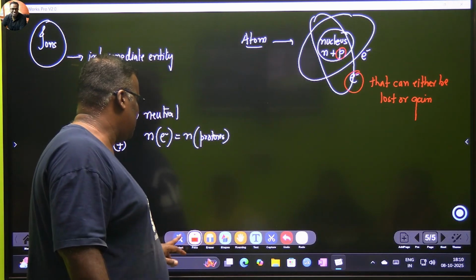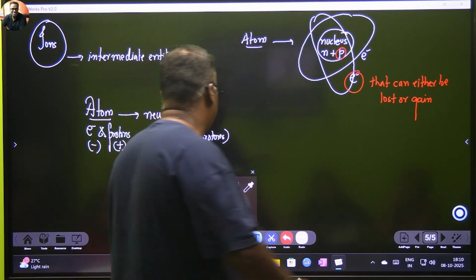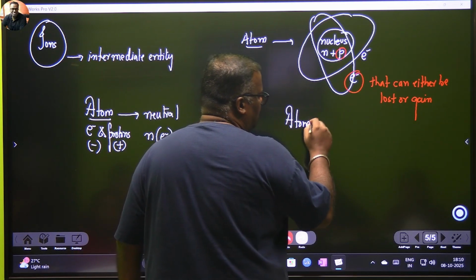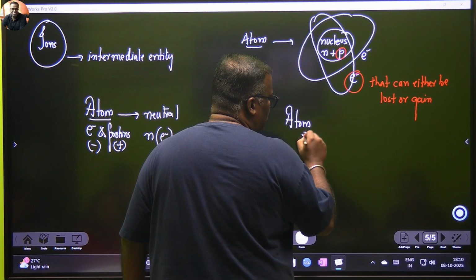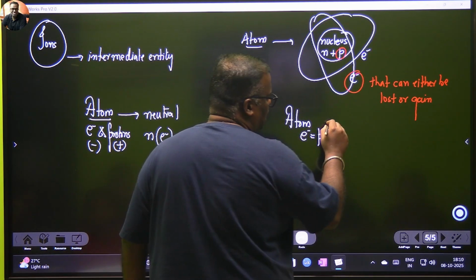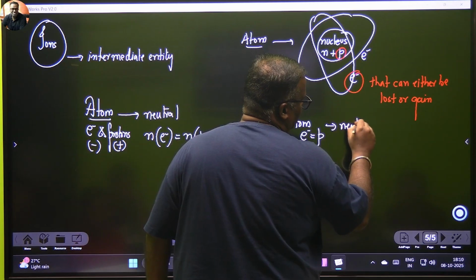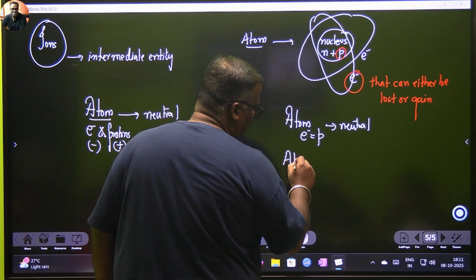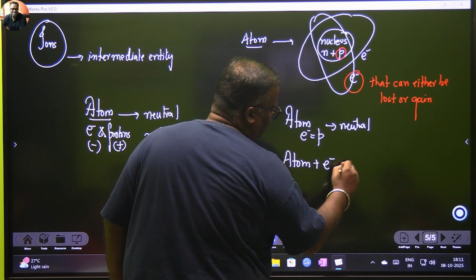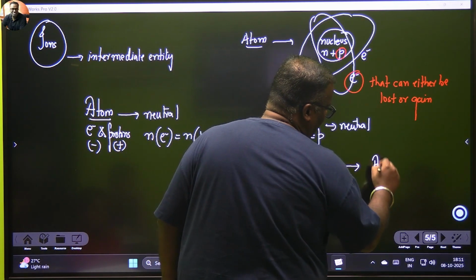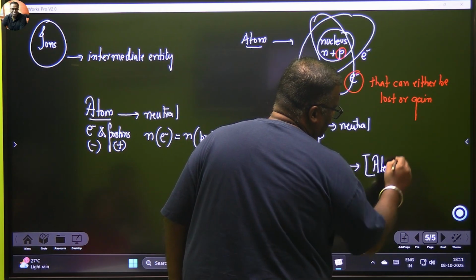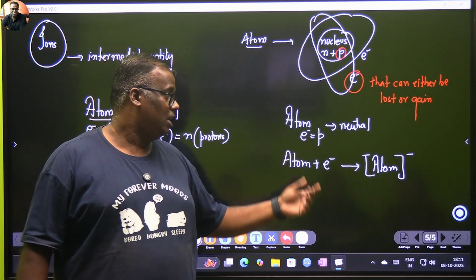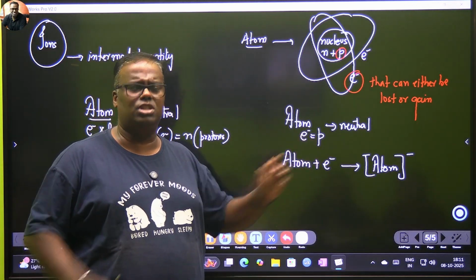Okay. So let's see the arithmetic now, how it happens. Suppose I am an atom in which my electron count is equal to my proton count. That means I am neutral. Now say I gain one electron, then whatever atom I was, I will be blessed with one additional negative charge. Did you understand this logic? Say I had 20 electrons, 20 protons, net zero.